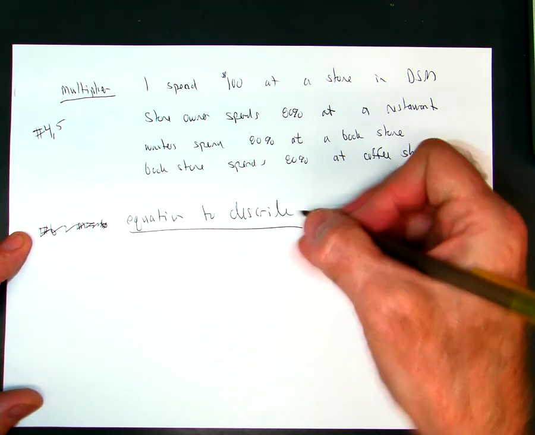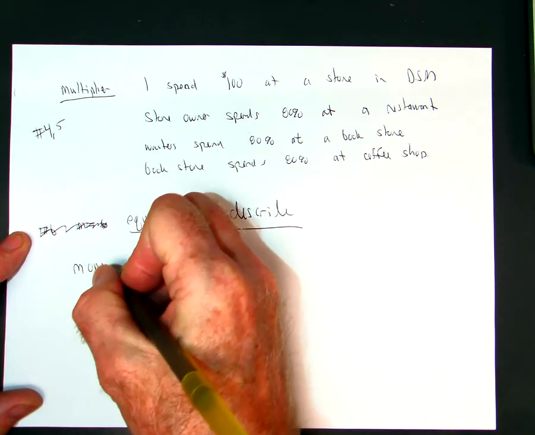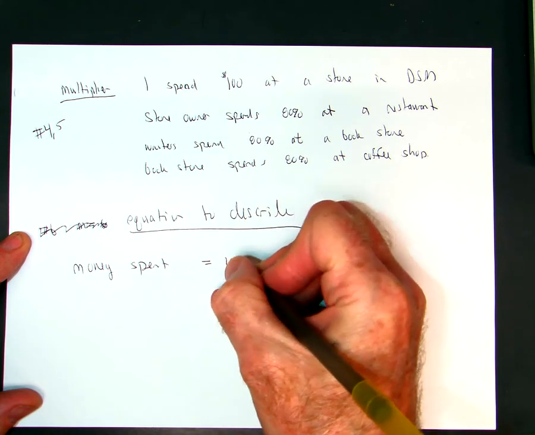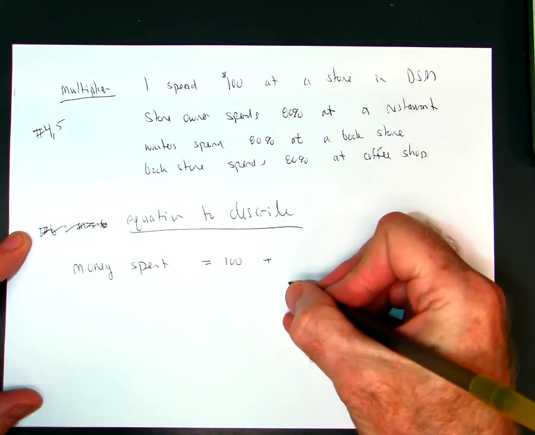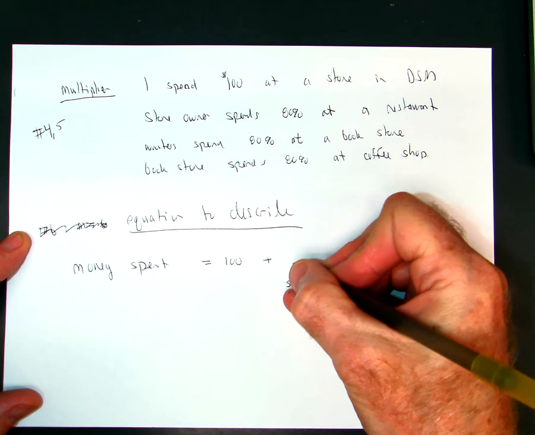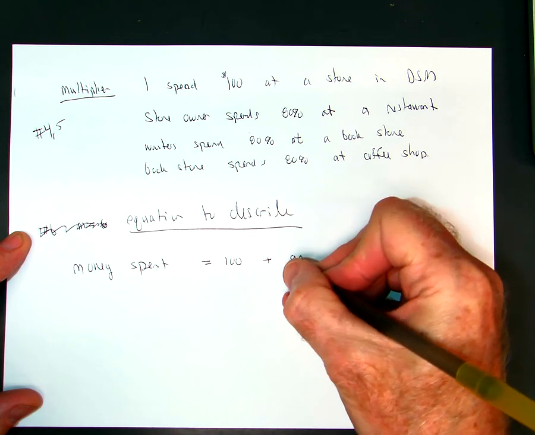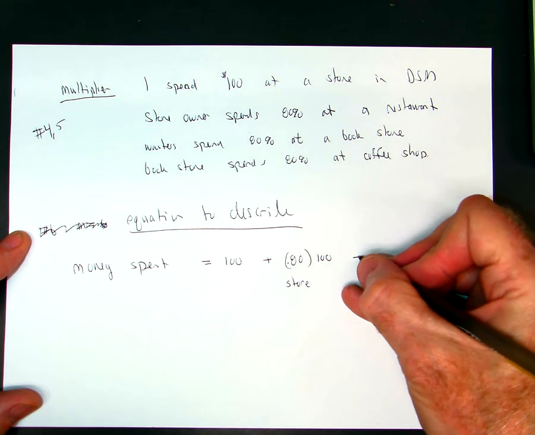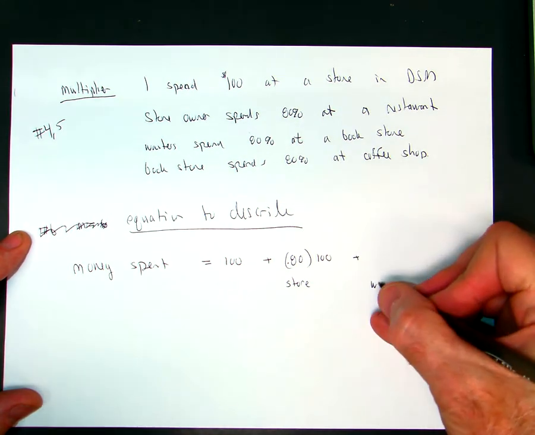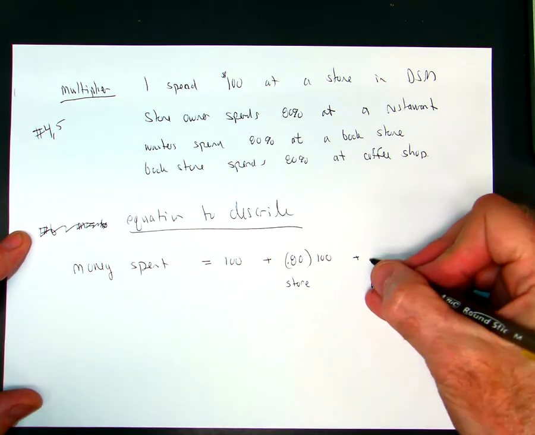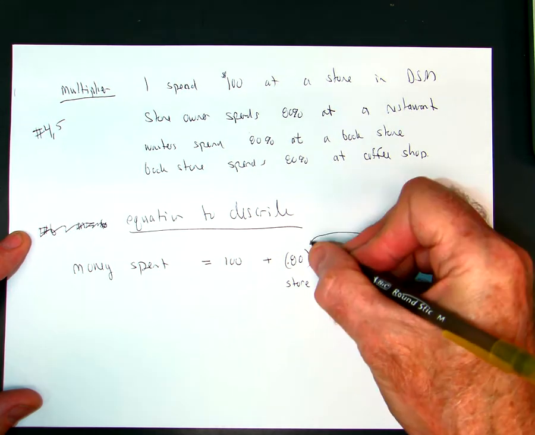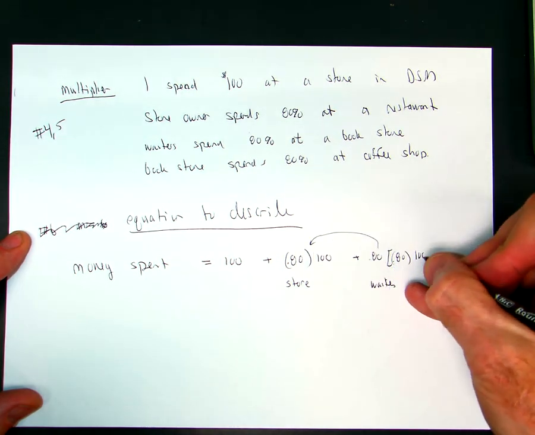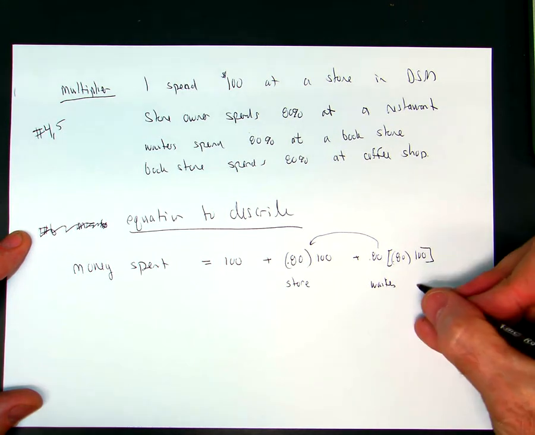So here's the money spent. Okay, I spend 100. Now the store owner, he spends 80% of that at a restaurant. And the waiters, they spend 80% of this at a bookstore.